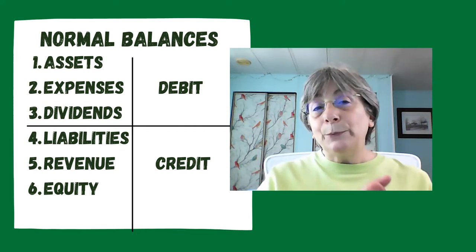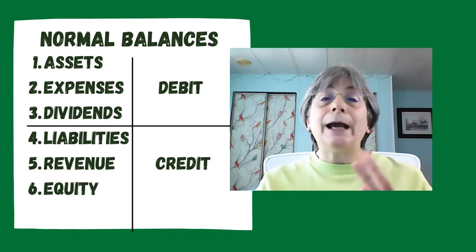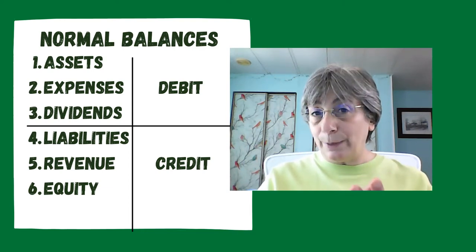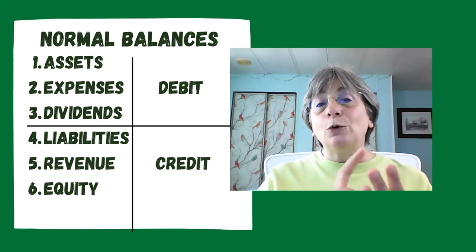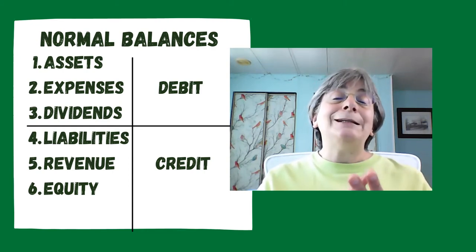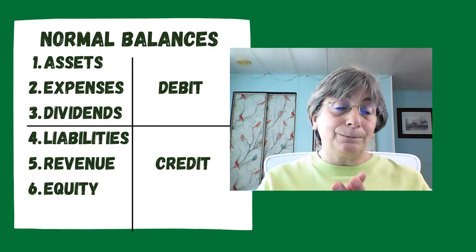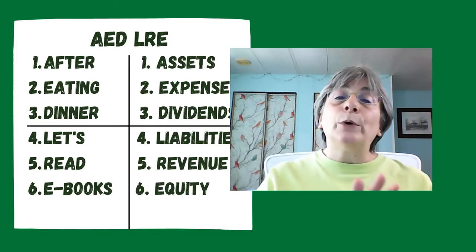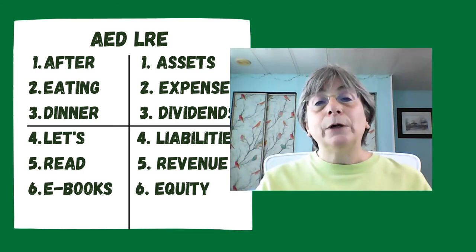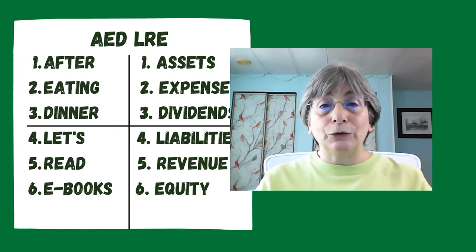And then liabilities, revenue, and equity or capital accounts have a normal credit balance. So if it has a normal credit balance, we increase it by crediting it, and we decrease it by debiting it. So my way of remembering those accounts is to say, after eating dinner, let's read ebooks.